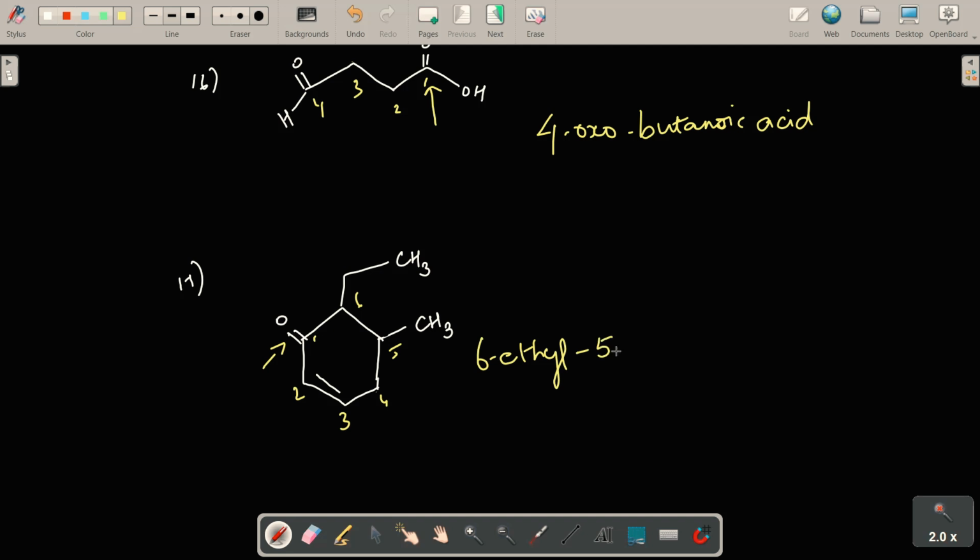So it is 6-ethyl, 5-methyl, cyclohex, and in 2 position you have the double bond, cyclohex-2-ene, and in 1 position you have the keto group, so -1-one. Okay, 6-ethyl-5-methyl cyclohex-2-en-1-one. This is the IUPAC name for the above compound.